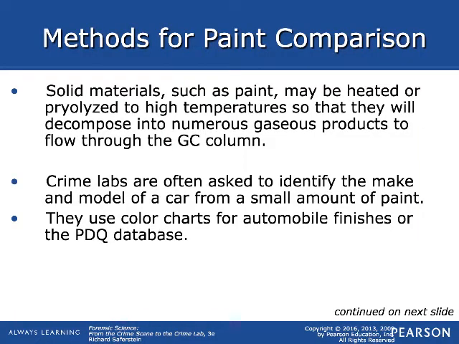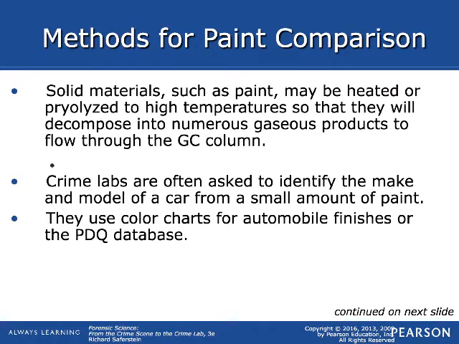Okay, solid materials such as paint may be heated or pyrolyzed to really high temperatures. Then they're going to break down or decompose into gas products, and that's going to flow through the column. So you're heating them up to their gas.